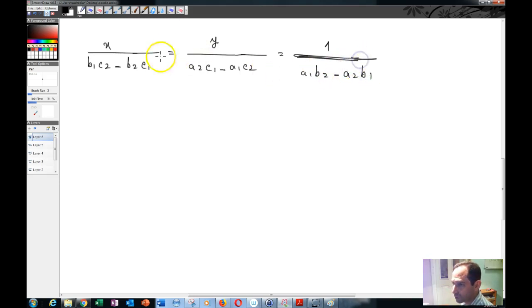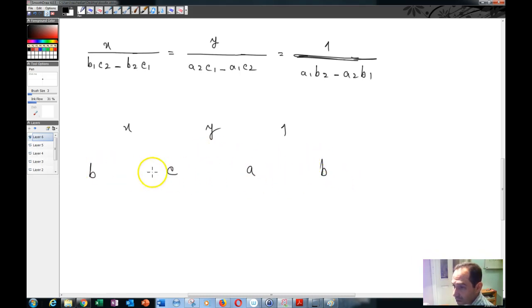You can remember this by just writing the numerators x, y, and 1 over here. So x, y, and 1, and then here you write bcab, I think bcab, right?